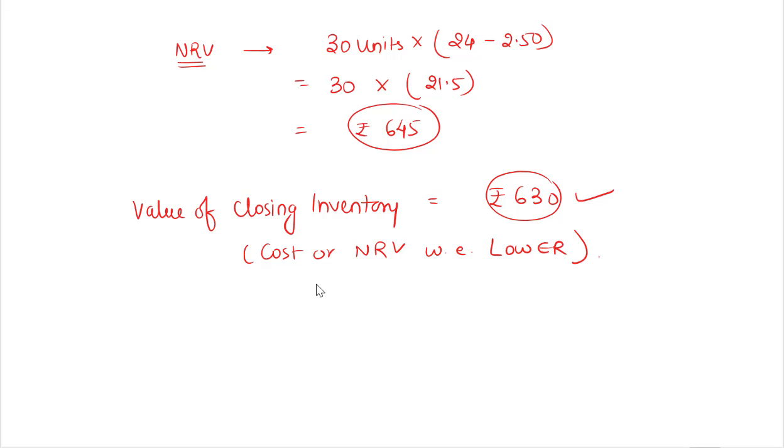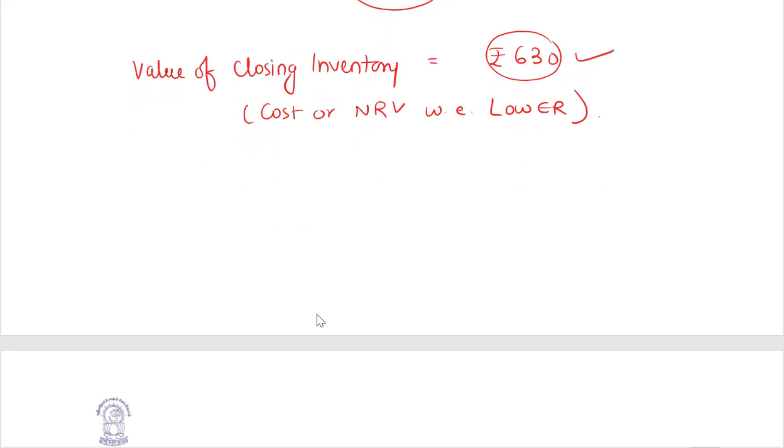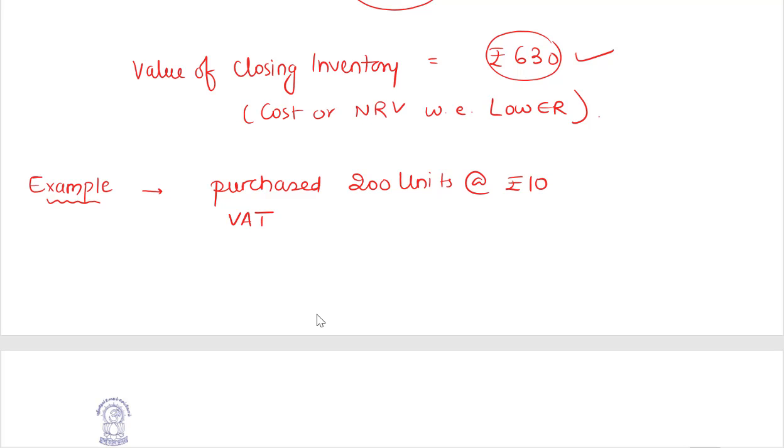Let's see one more example on the same lines. Just note it down. Example. Purchased 200 units at the rate of rupee 10. VAT is chargeable at the rate of 10%.